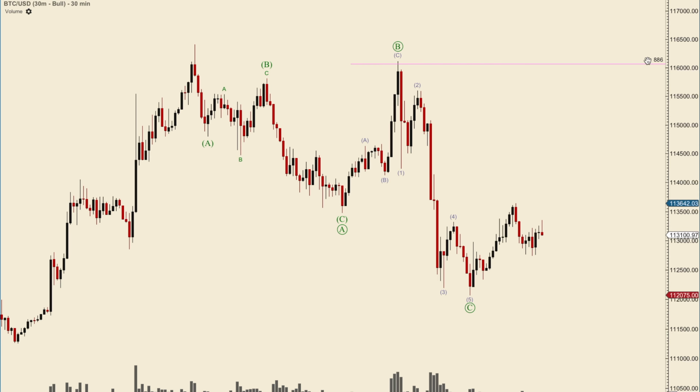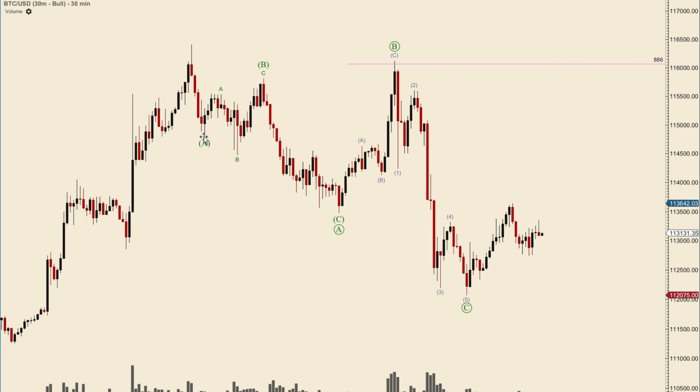So we hit the 886 here, which is a very uncommon target for a wave 2. It's a more common target for a wave B or a wave X. And we also took out the minimum target for a flat, which is the 90 fib here. So this counts better as an ABC, like that.